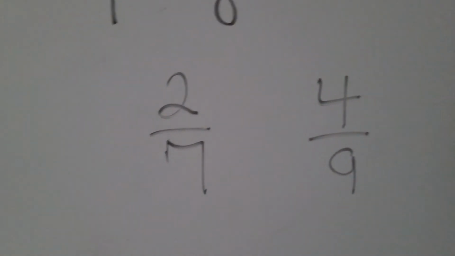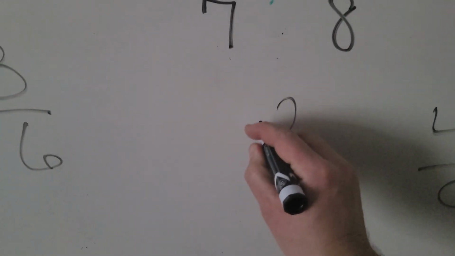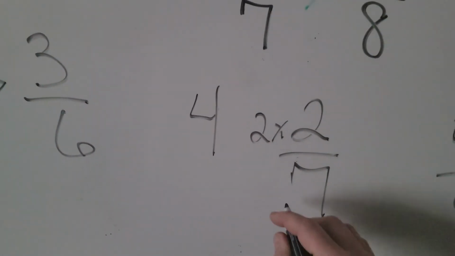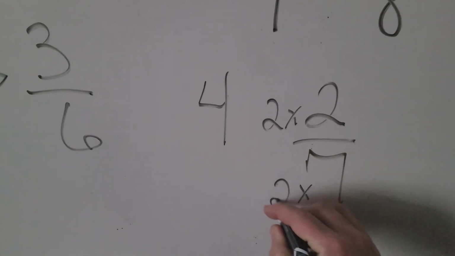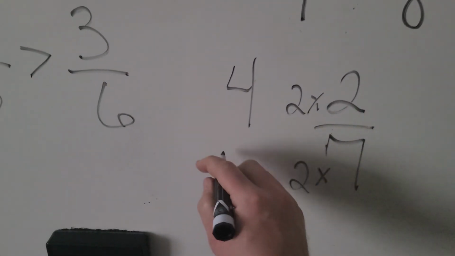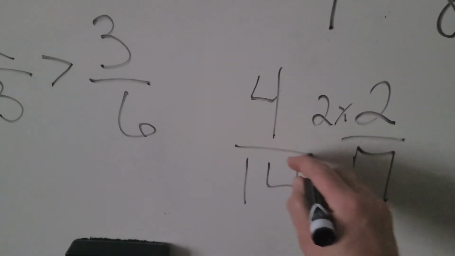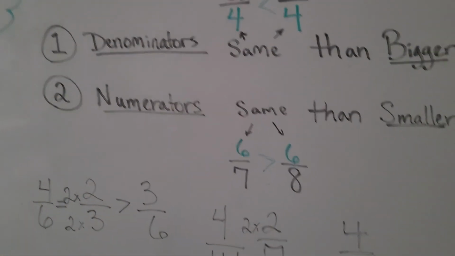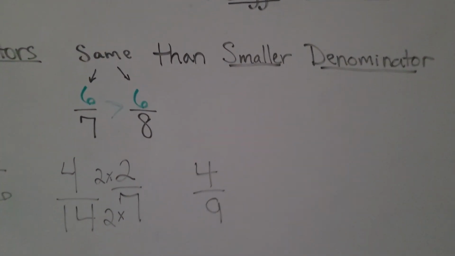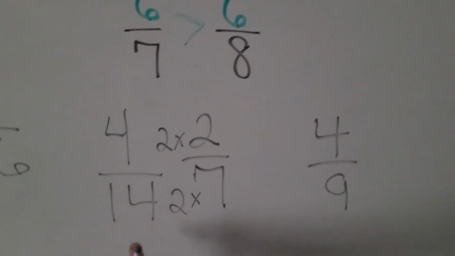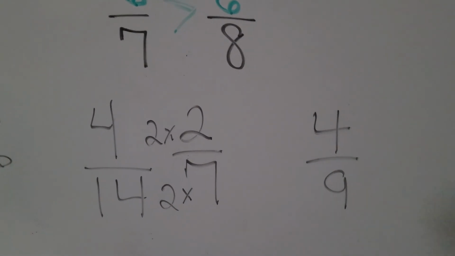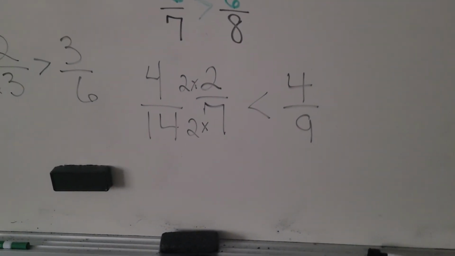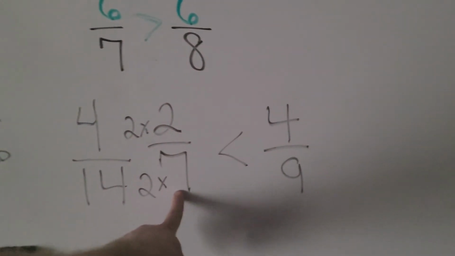So I can get to 4 by multiplying times 2 over here. So 2 times 2 again is 4. And whatever we do to one, we have to do the same to the other. So 7 times 2 is 14. So now we've created number 2, where we have the same numerator. This time we go with the smaller denominator. So between 14 and 9, which one's smaller? That's going to be 9. So that means 4/9 is greater than 4/14, or the original fraction of 2/7.